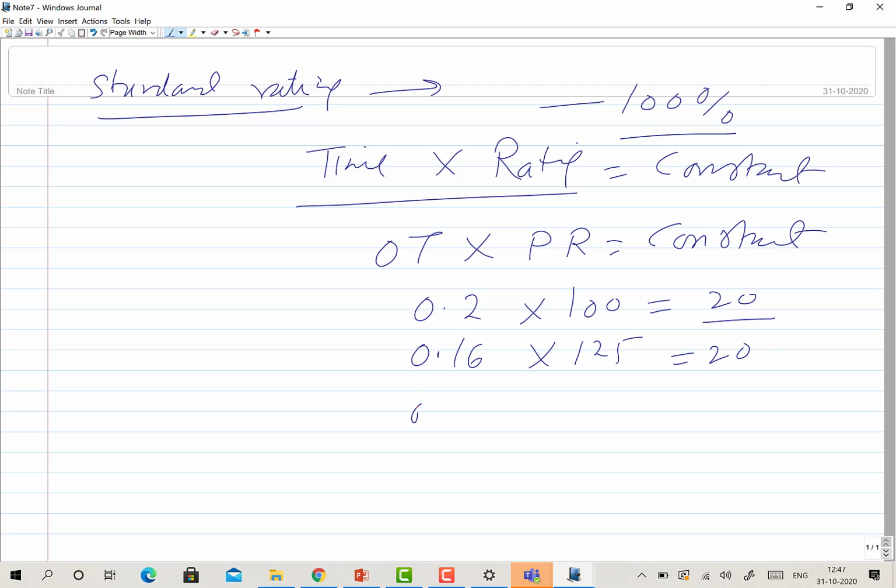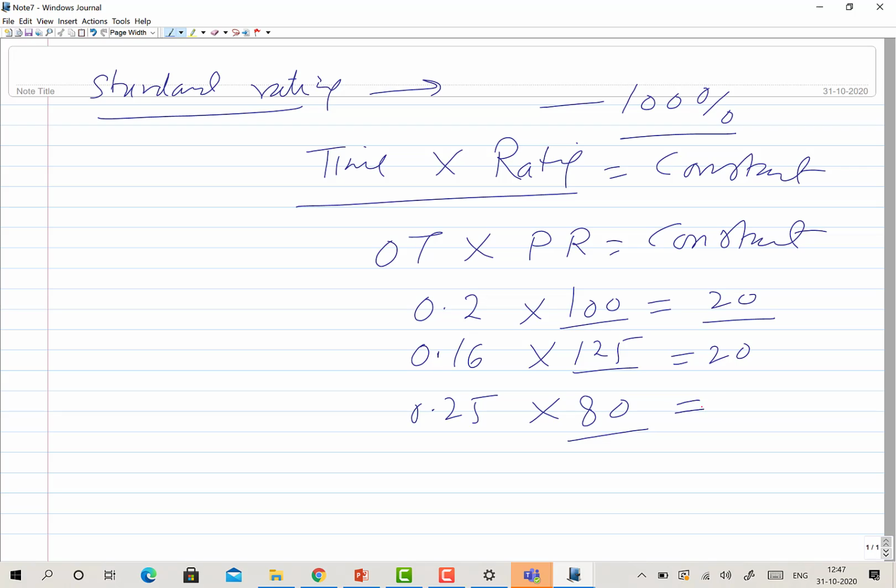And someone is taking, say, a time of 2.25 minutes, so his performance is slow, he is taking longer time, and he should be rated 80%. So this rating is subjective, but the product of these two must be constant. Someone who is taking less time must be rated high, and someone who is taking more time must be rated less.